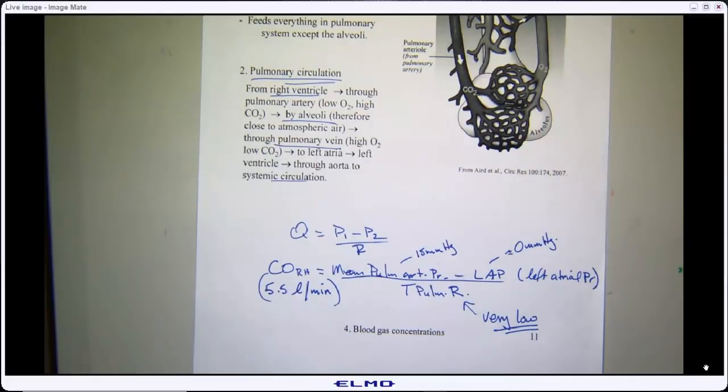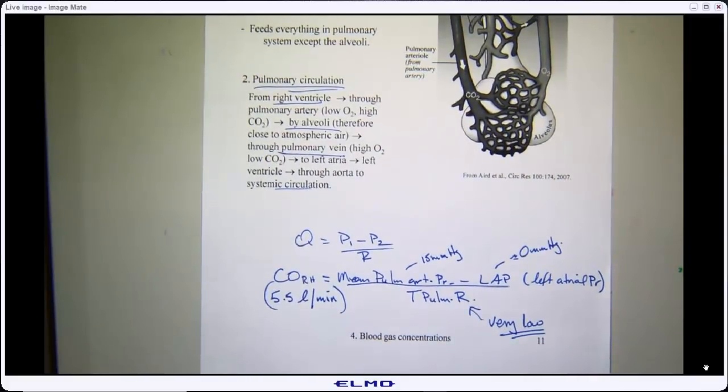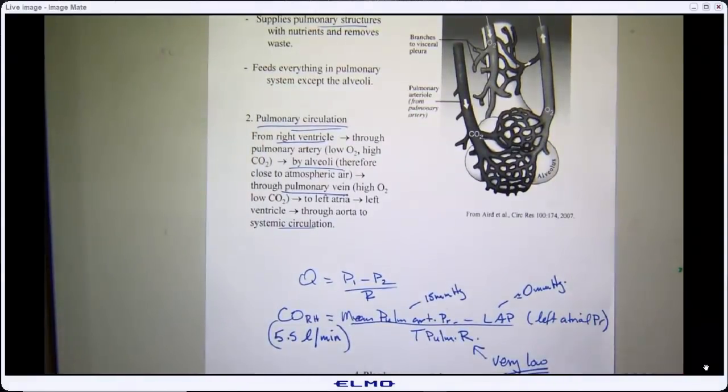So we have to keep resistance very low in order to accommodate that 5.5 liters. It's a very elastic vascular bed to begin with. It's a little bit odd, and doesn't necessarily reflect what's going on in the systemic system, and we need to explore that a little bit. So the circulation we're going to be talking about from now on is the circulation that goes by those alveoli. That's the task at hand.